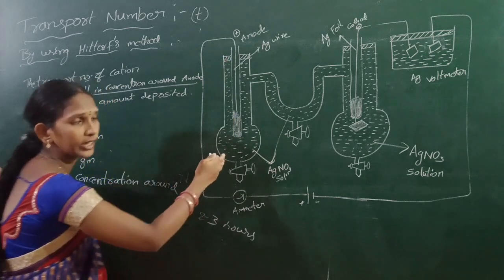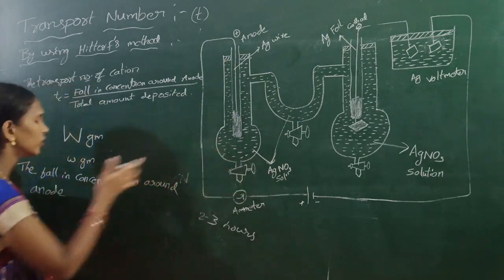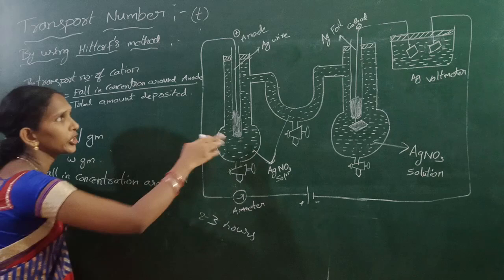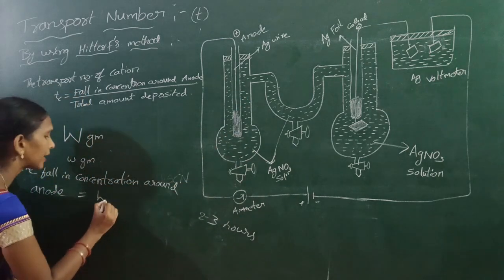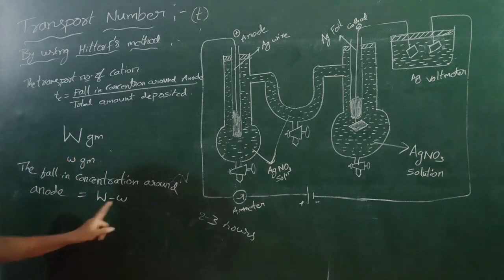This is the anode; you take the AgNO3 solution from the anode. So the fall in concentration around the anode is equal to capital W minus small w.